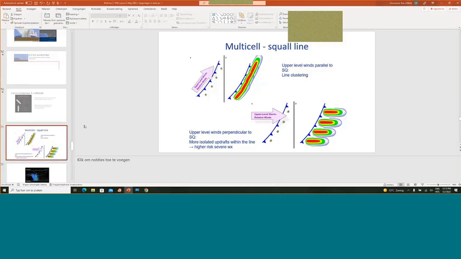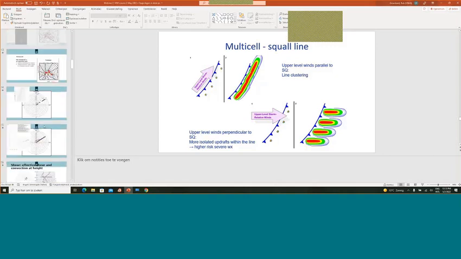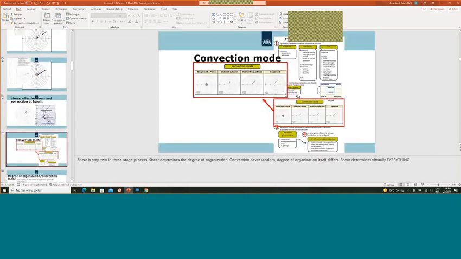And again, when you look at slide number 17 and the photographs, I have to admit that sometimes the difference in the photographs is not that much between a multi-cell cluster and a multi-cell squall line, but it's a very subtle process in which indeed a squall line can develop, or not develop.